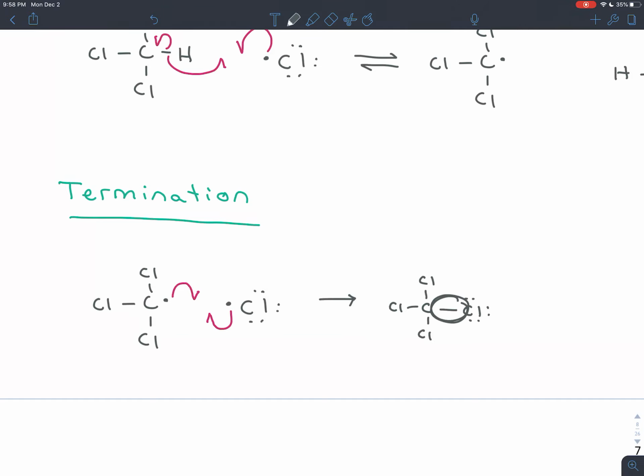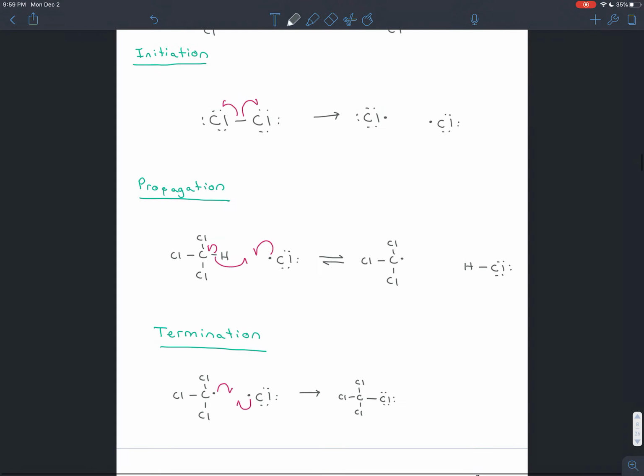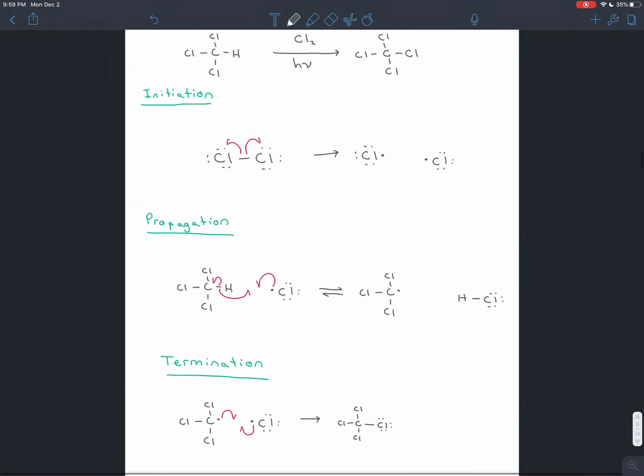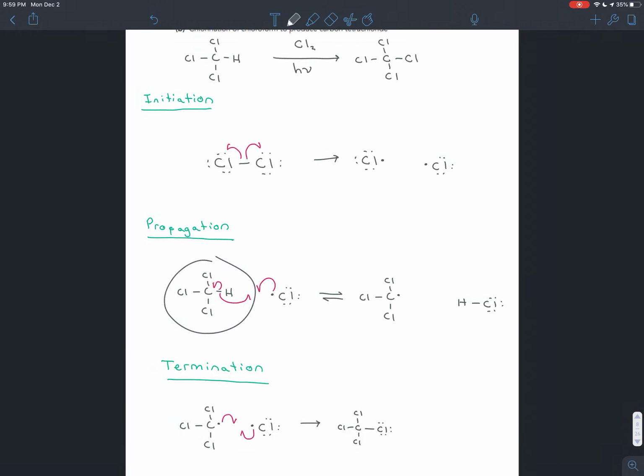So we created this new bond. And so this is the mechanism for the radical chlorination of chloroform to produce tetrachloromethane.